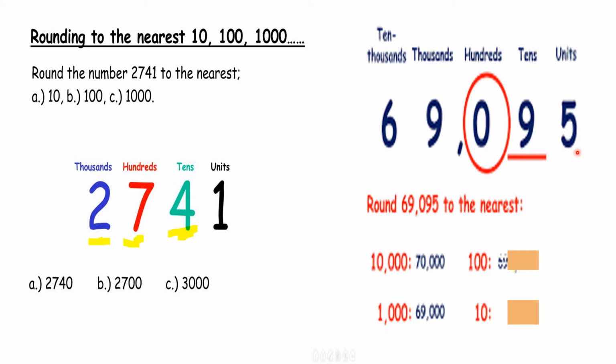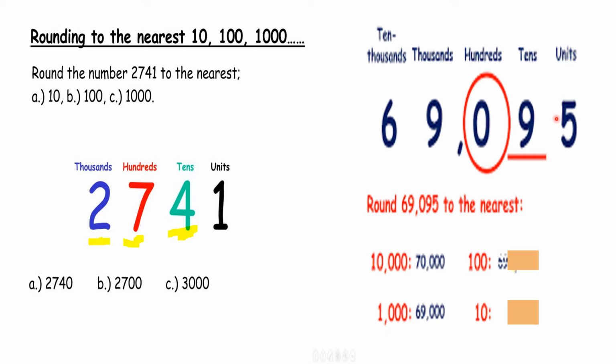This is 5, between 5 and 9, so I add plus 1 to 9. 9 plus 1 is 10. And you know that 10 tens become 100, right? So I'm going to again add 1 here. So what would it become?